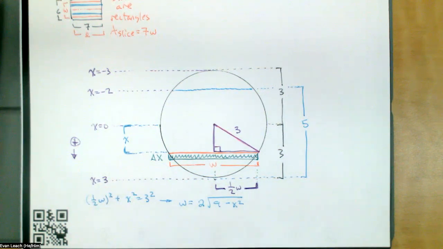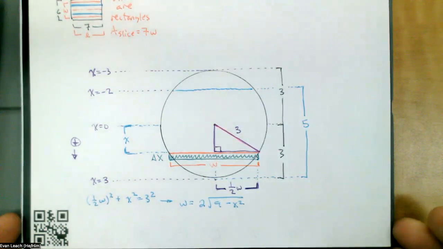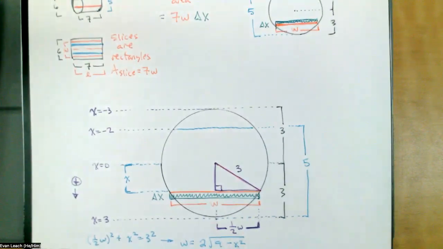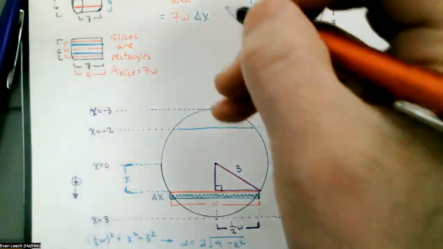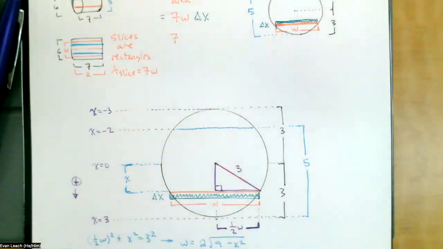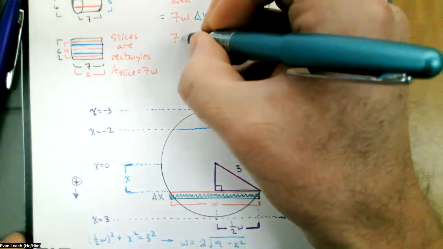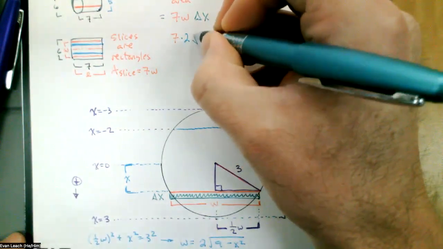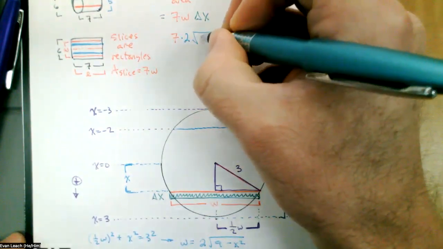But I've got an expression that relates W to X, so I can put that into the volume of the slice. The length is a nice 7 feet. Our width in terms of X is 2 square roots of 9 minus X squared.